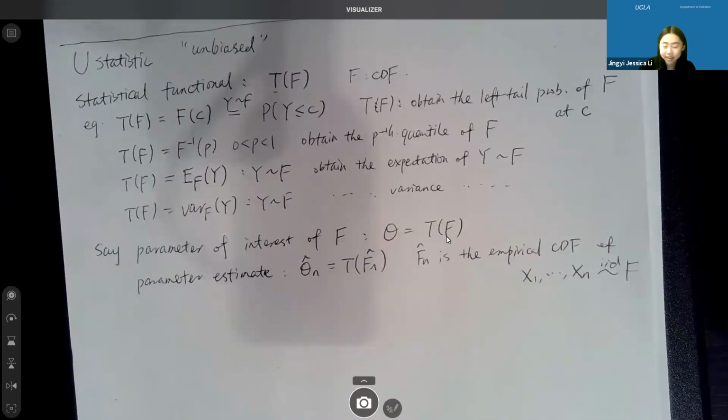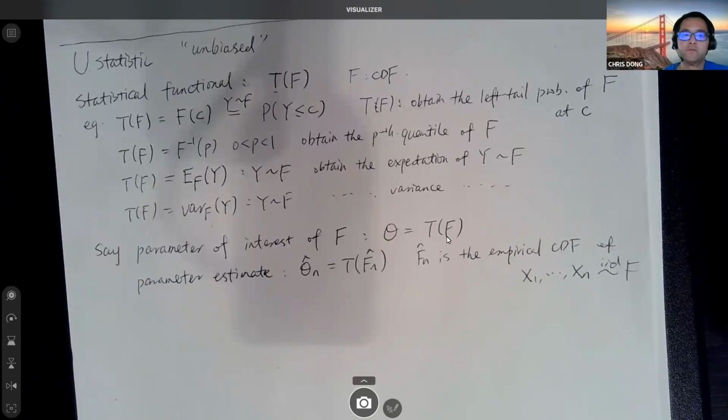That's why I'm saying we are trying to unify our parameter estimation problem here. Does it make sense to everyone? So we replace the population CDF by the empirical CDF from a sample.